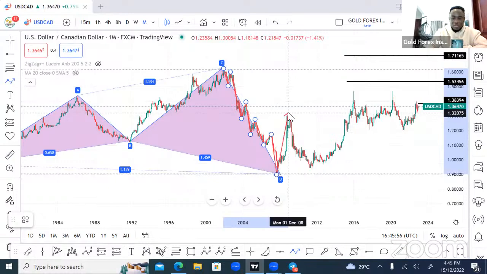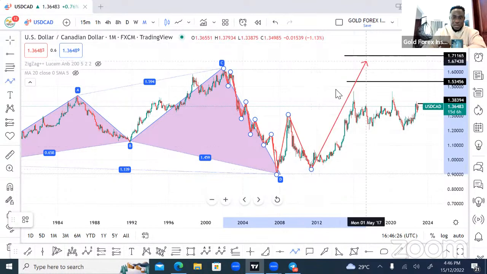Through my experience on the chart, I was able to identify that the B should always be the break of market structure. And when the B is formed from the break of market structure, the pattern does not fail most of the time. So I mostly trade harmonics that have a break of market structure forming the B or the neckline. So this is the break of market structure, retest, and pump.